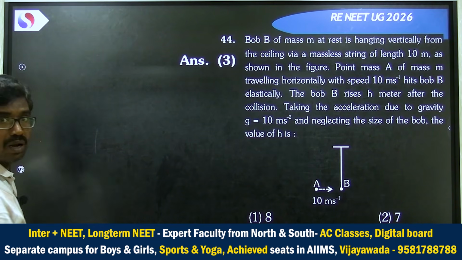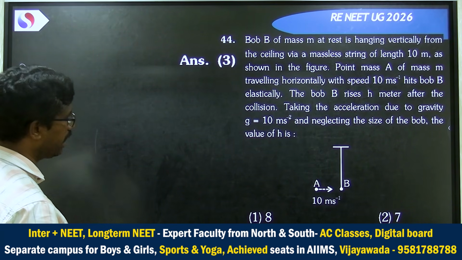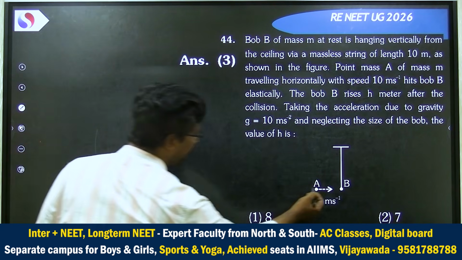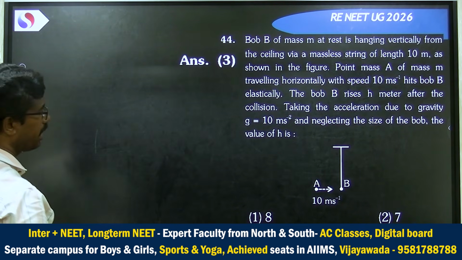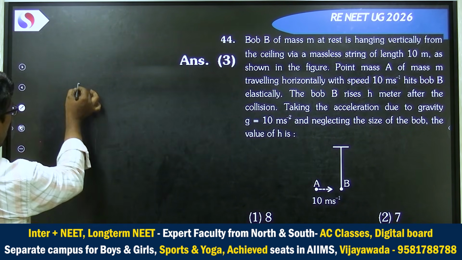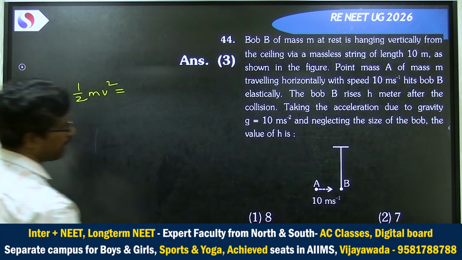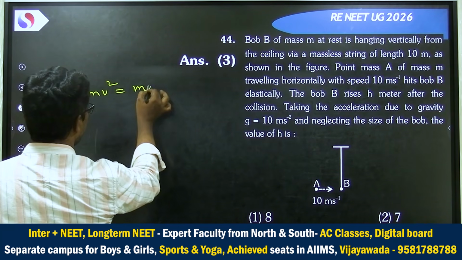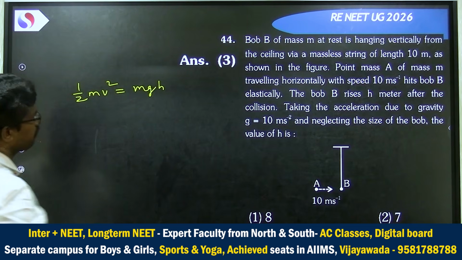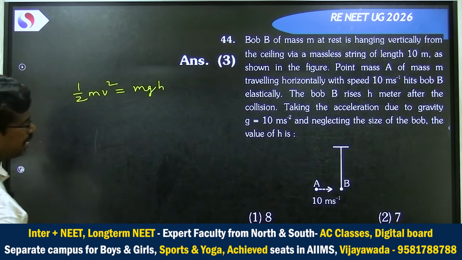Here, by the law of conservation of energy, the initial kinetic energy is converted into potential energy. The kinetic energy is half m v square, which is converted into potential energy mgh. Here mass m is cancelled.